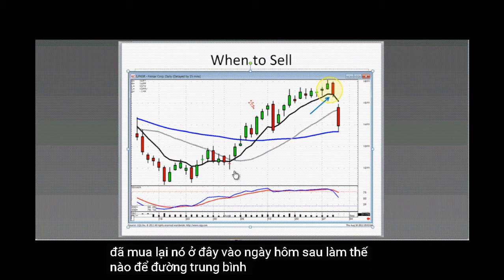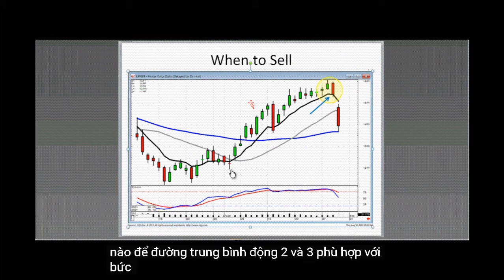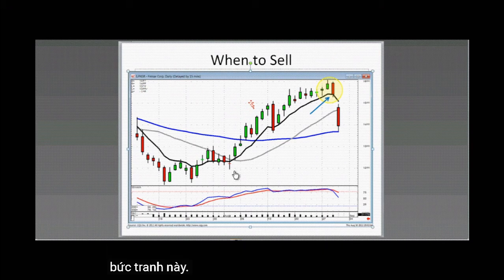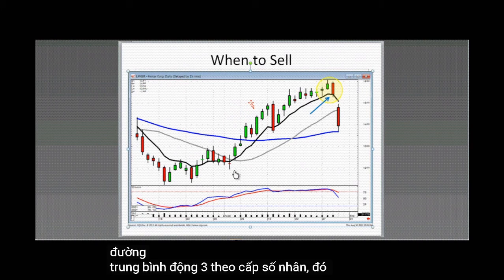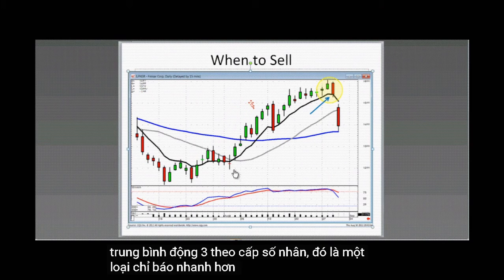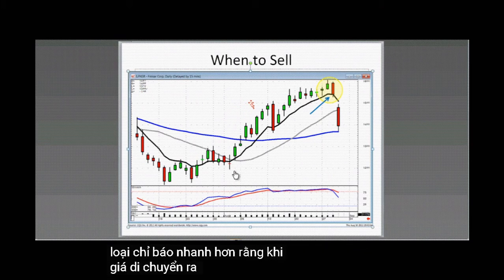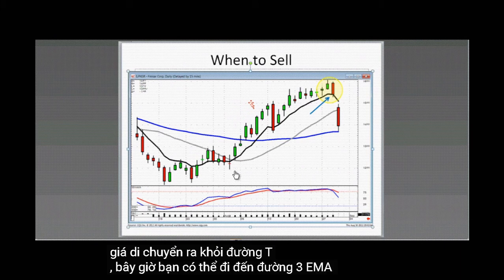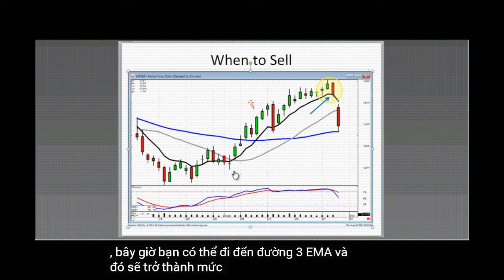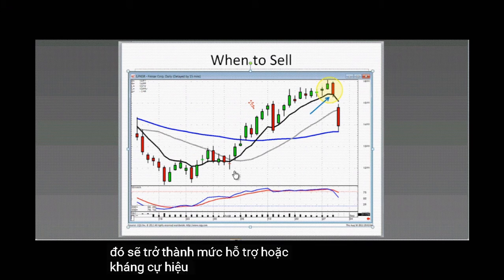How does the 2 and 3 moving average fit into this picture? Right now we're doing studies which are getting pretty close to coming up with conclusive results using the 3 exponential moving average. It's kind of a faster indicator that when the prices move away, even from the T-line, now you can go to the 3 EMA, and that becomes an effective support or resistance level.